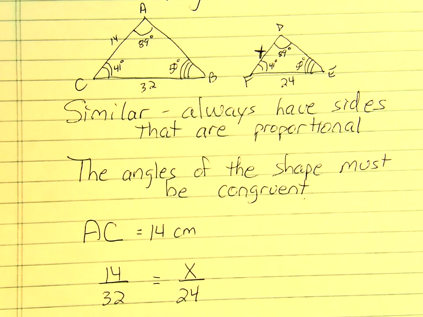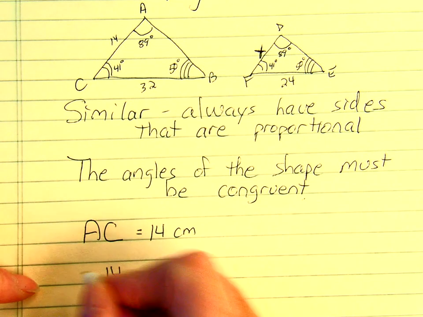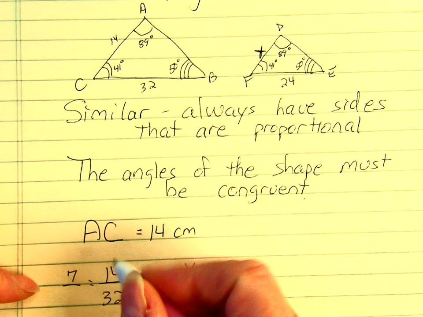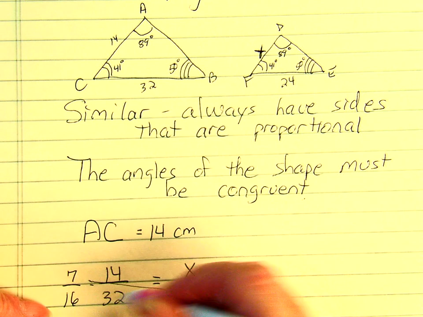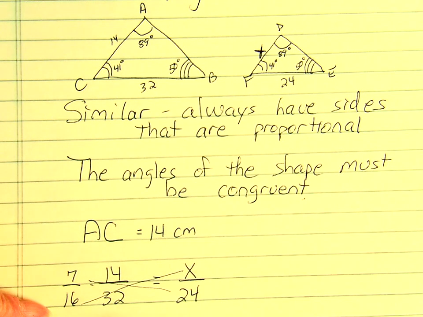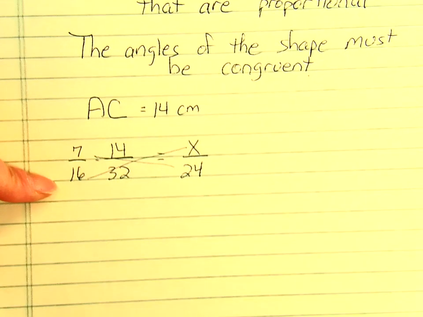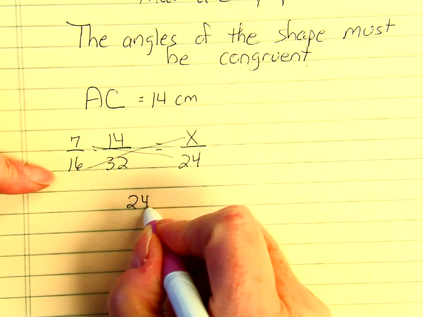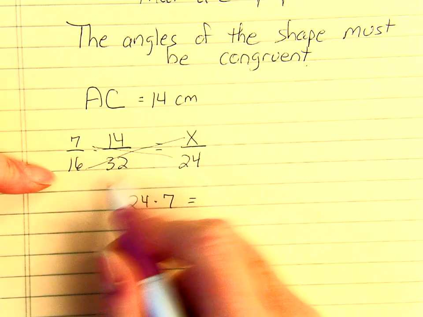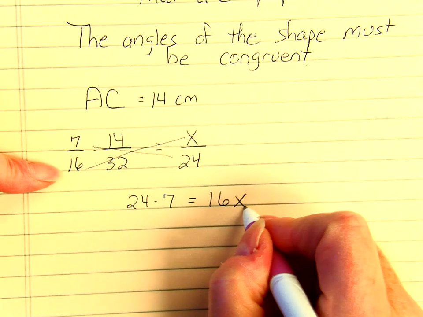To make things easier, I'm going to reduce this by dividing by 2, to 7 over 16. When I cross multiply, I'm going to have 24 times 7 equaling 16x.